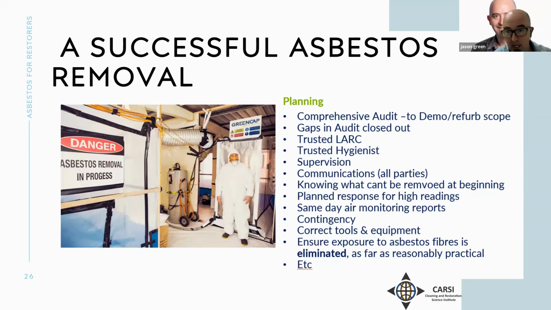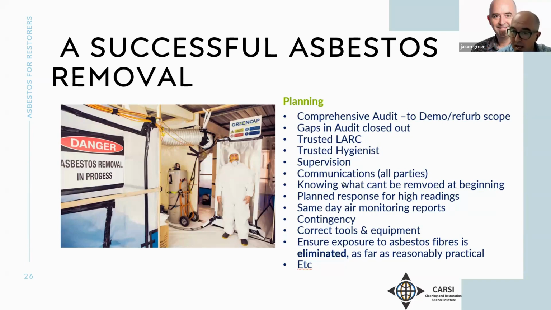We want to plan for high readings if we're getting airborne fibres coming from the removal zone. If we're getting airborne fibres in a non-friable situation, that's a real red flag that there may be some controls that are not working well, or not in place at all. So we want contingencies for that.